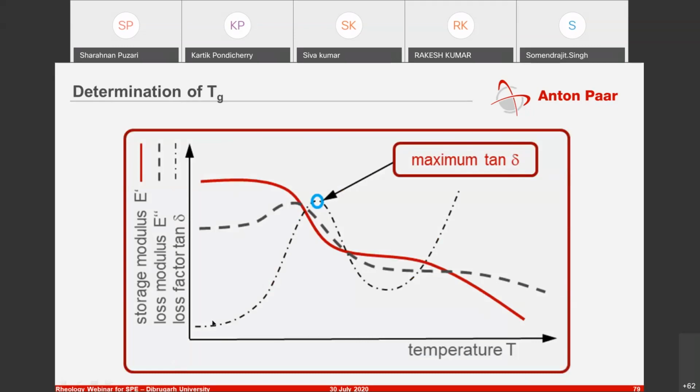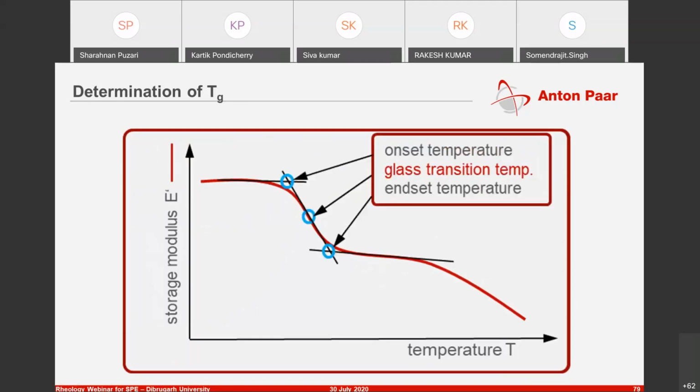So one way of determining the glass transition temperature is looking at the maximum of tan delta. The other way would be to look at the maximum of E double prime, that is the loss modulus. Another way is to look at the inflection point.